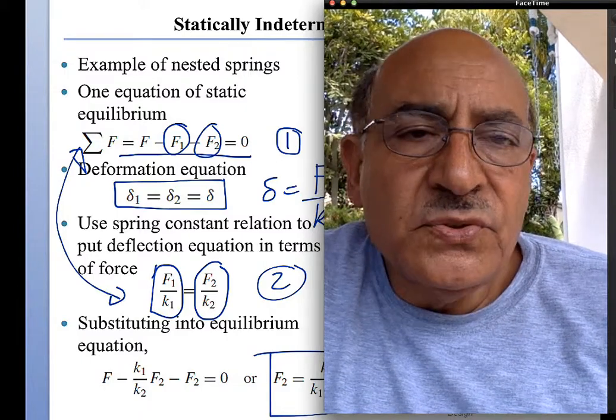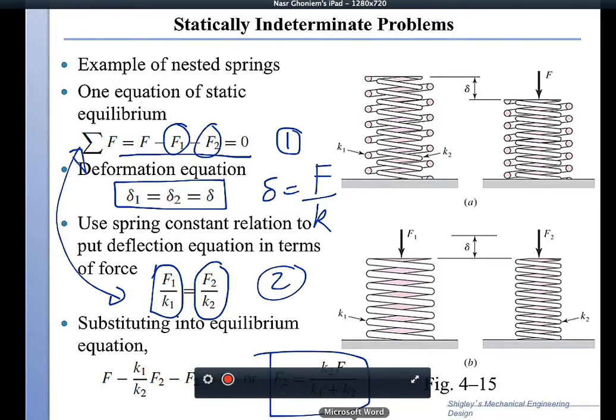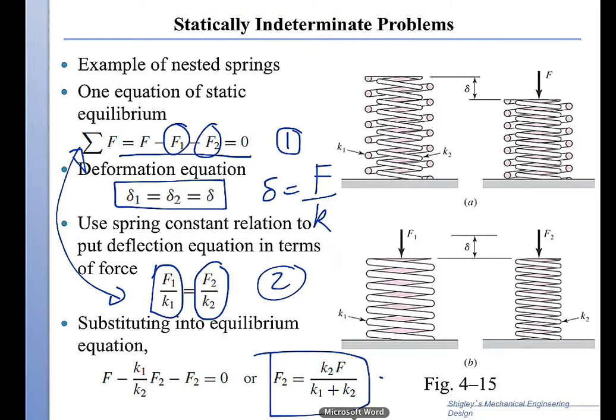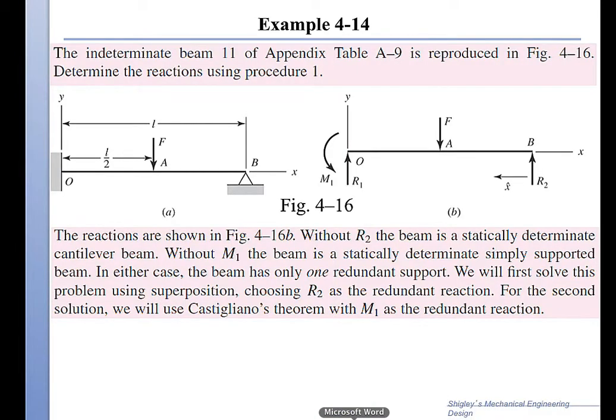So F2 will be proportional to K2, and that's what we have here. We have F2 is proportional to K2 times F over K1 plus K2. So this is a nice illustration of statically indeterminate systems.